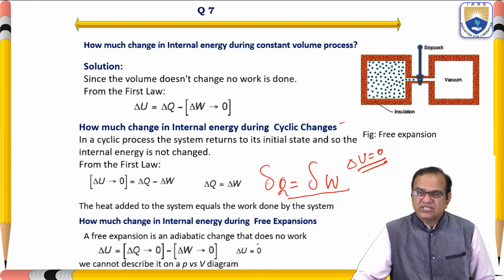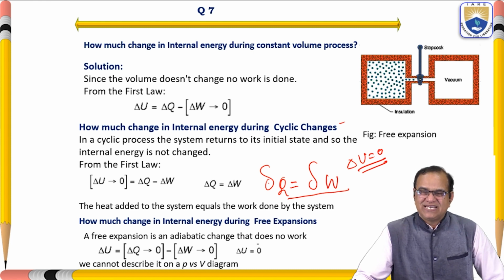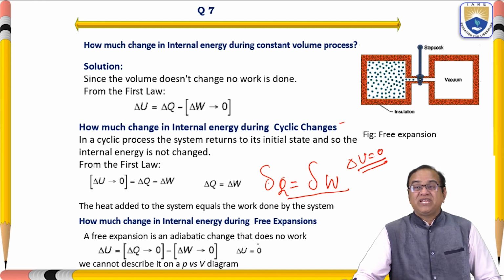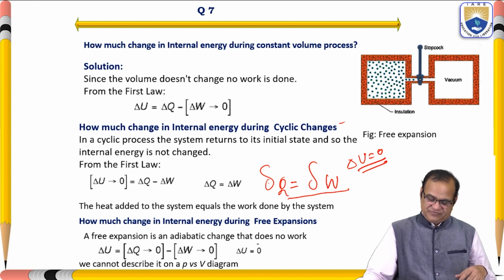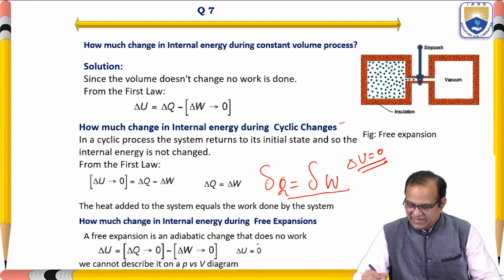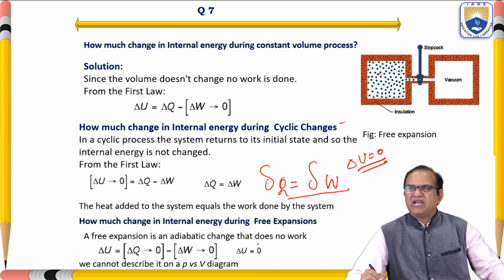Now the next topic is how much change in internal energy during free expansion. So what is free expansion? You can see in this diagram that there is a chamber. In this chamber, a very high pressure gas is filled. Another chamber is in a vacuum.